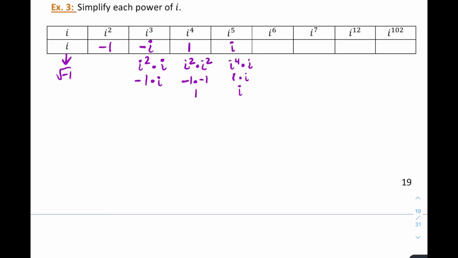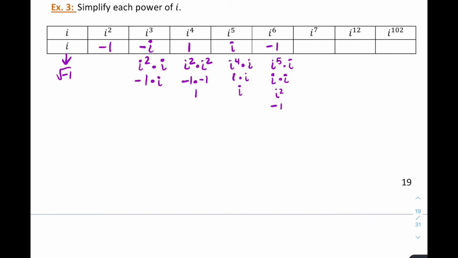If we keep going here, i to the sixth, I'm going to do it as i to the fifth times i, and i to the fifth was i, times another i would give me i squared, which is back to -1.